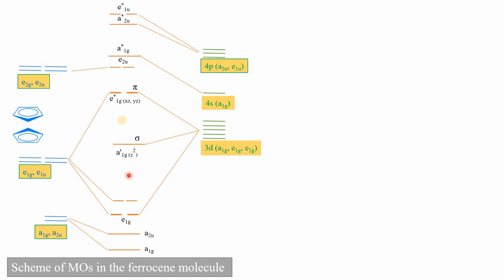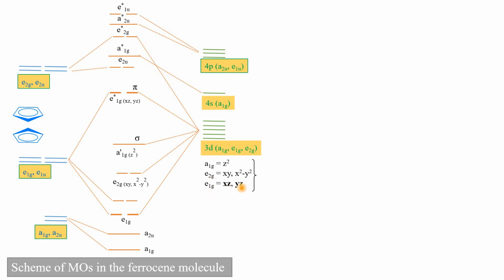We have done with E1U. Also E2G. Here E2G. So there is formation of E2G star and E2G, bonding and anti-bonding. This E2G is XY or X square minus Y square. So the A1G, which is mainly dz square, E2G, which is mainly xy or x square minus y square, and E1G is xz or yz.